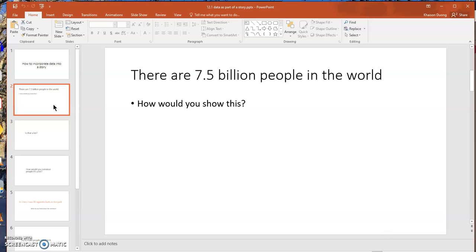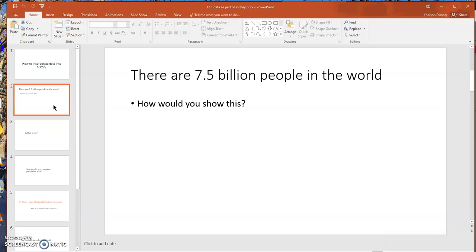So maybe you have one person representing 1 million, and then you can paste 7,500 of those little tiny people onto Inkscape or Illustrator or something like that. Each person representing 1 million people, and then 7,500 of those would be the world population.